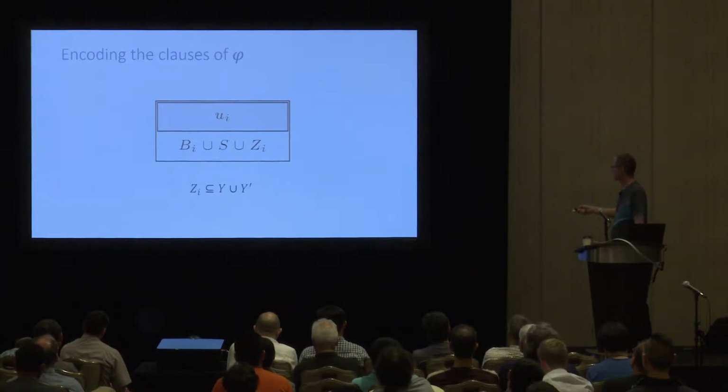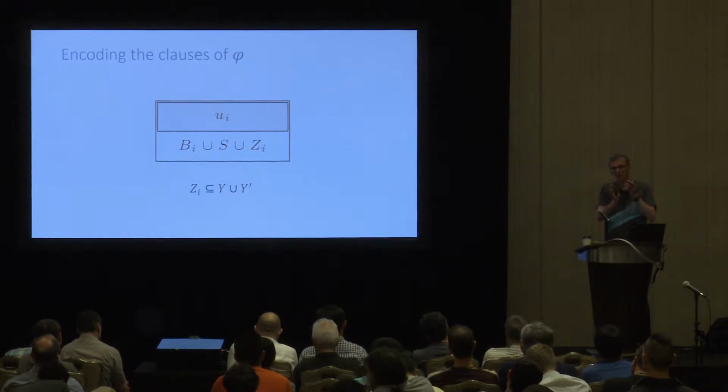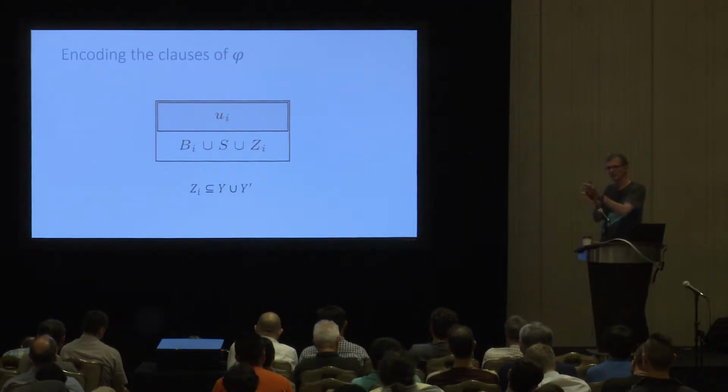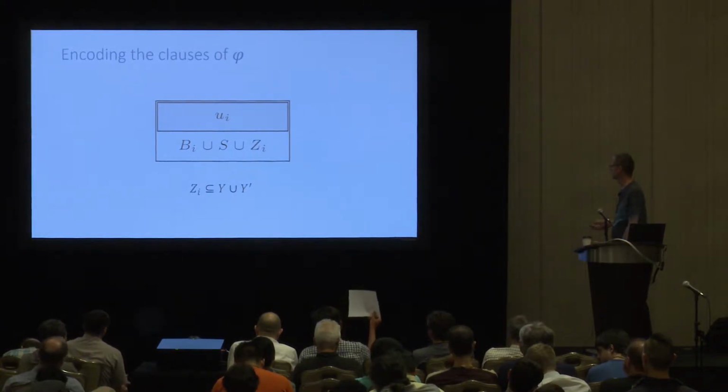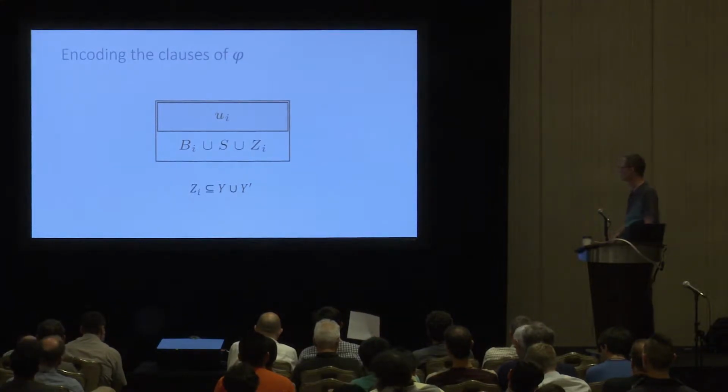The set S is, as I mentioned before, some large set of vertices. And why is it large? Because we need a big number of partitions into two subsets so that these partitions never interfere. And finally, each of these nodes contains a subset of the union of Y and Y prime variables.